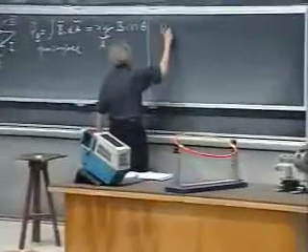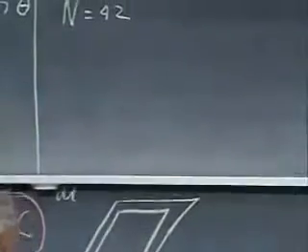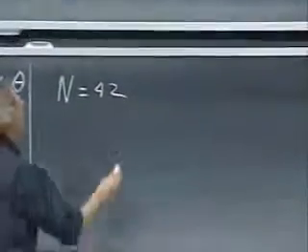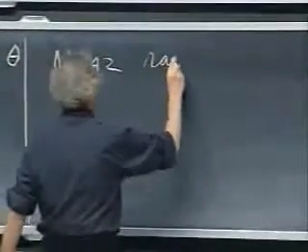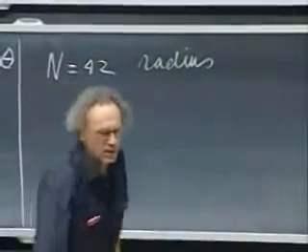So my capital N is 42, not just 2 like here, but 42. And it is circular.